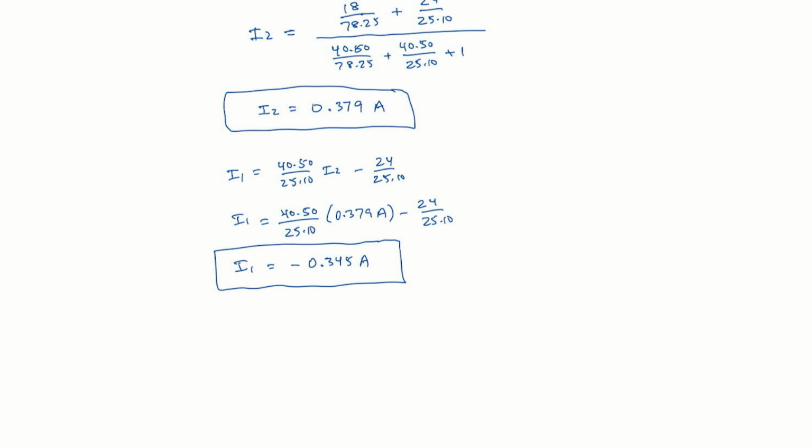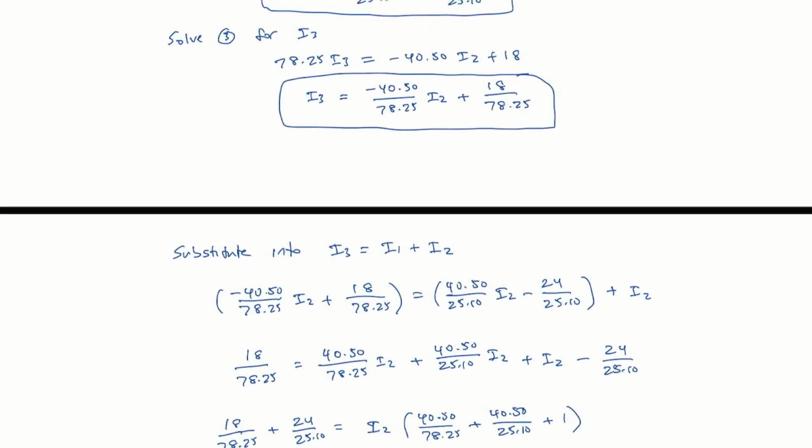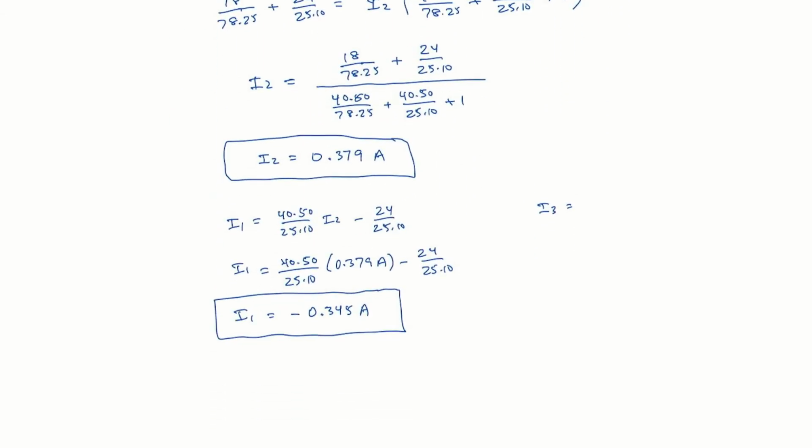All right, and now we need to find I3. And we can do that right here. Okay, our I3, we had the minus 40.50 over 78.25 times I2, and then plus 18 over 78.25.